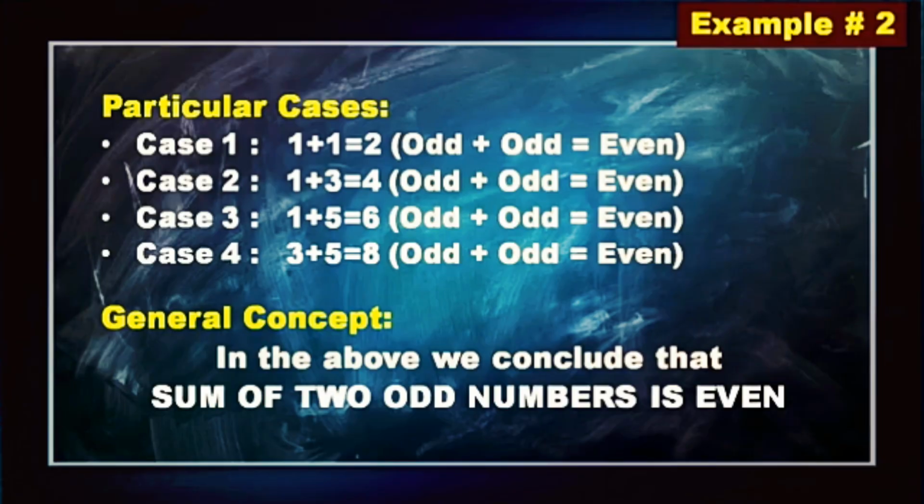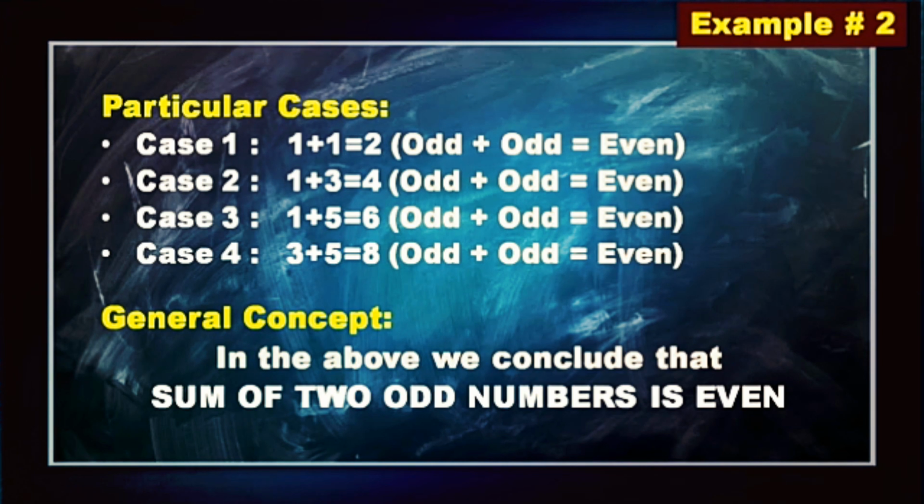The same way, I am going to highlight another example. Here the general concept is: sum of two odd numbers is even. I am going to explain how it can be proved by using the inductive method. See, in case 1, 1 plus 1 equal to 2; case 2, 1 plus 3 equal to 4; case 3, 1 plus 5 equal to 6; case 4, 3 plus 5 equal to 8.